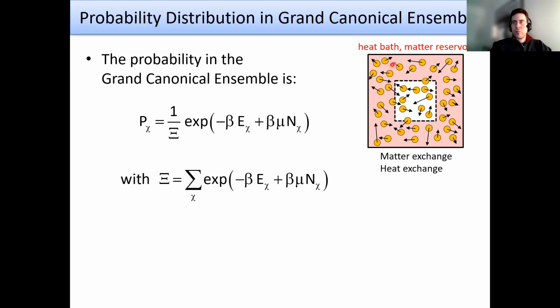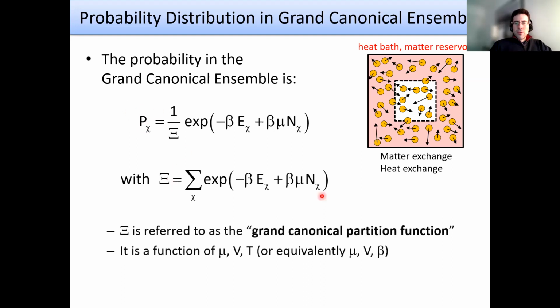The chemical potential of the matter reservoir, times N chi, the number of particles in state chi. And of course, this partition function is the sum of these terms here. And it's, again, the normalization constant for the probability. Okay, so this is the grand canonical partition function.